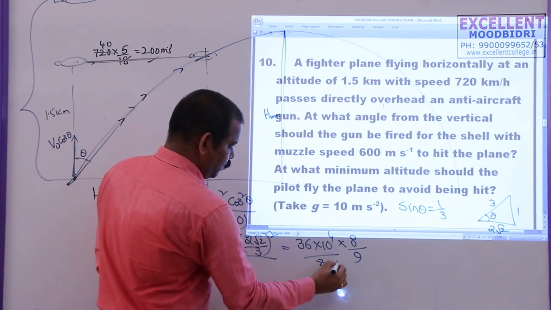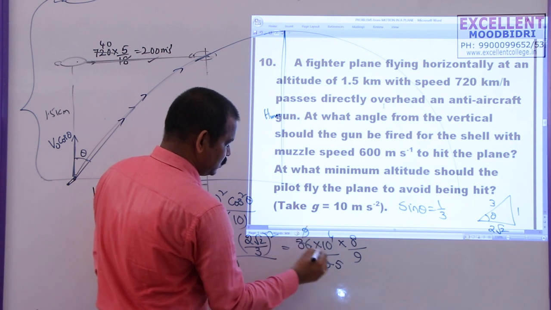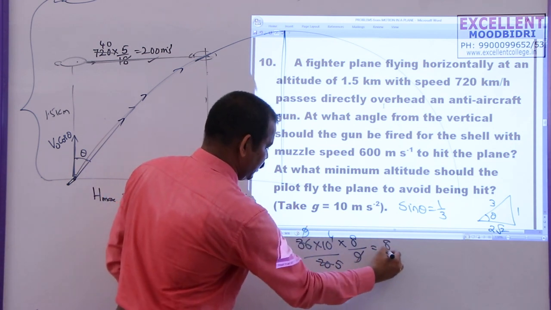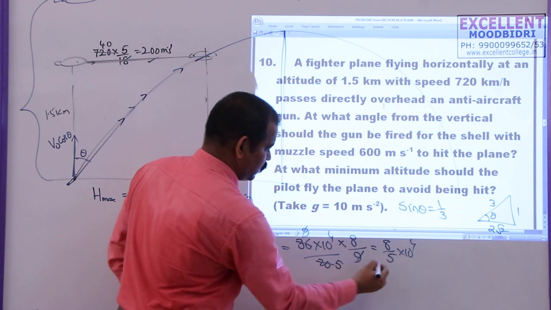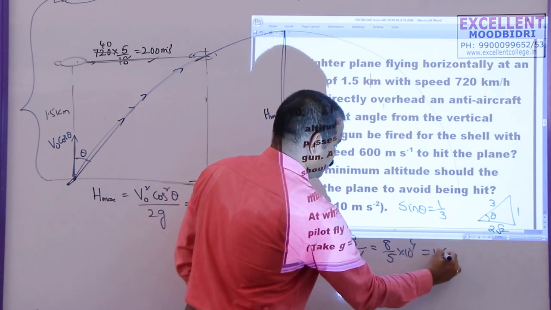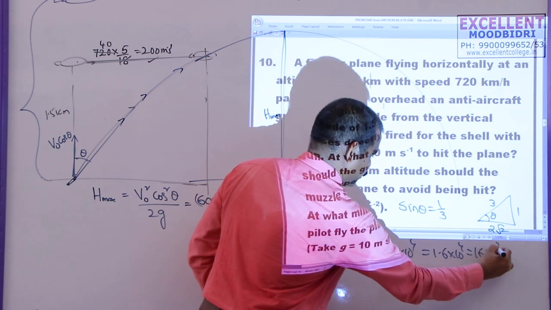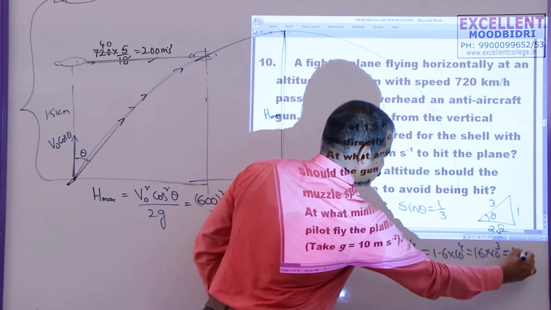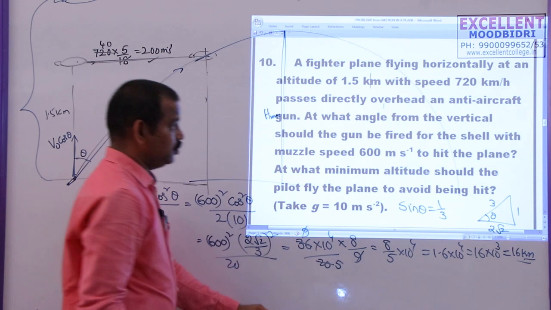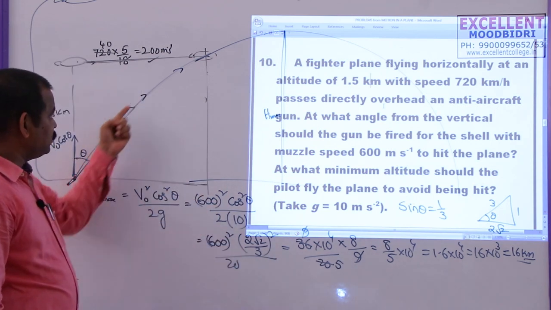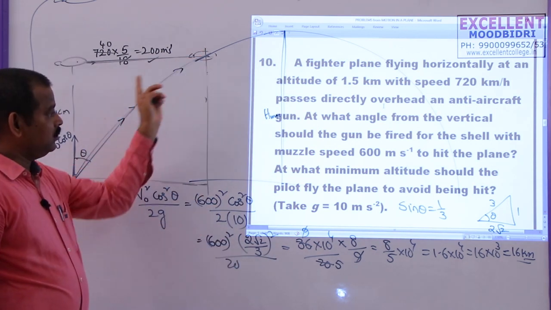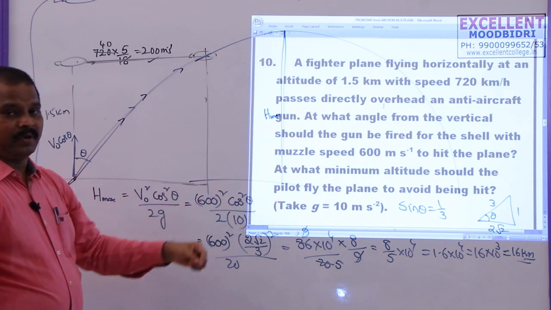Now 4 5s, 4 9s, this 9 and 9 get cancelled. This is 8 by 5 into 10 power 4. 8 by 5 is 1.6. 1.6 into 10 power 4 or 16 into 10 power 3 meters, or 16 kilometers. So the maximum height reached by this shell in this trajectory is 16 kilometers.